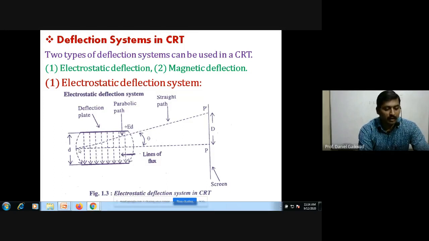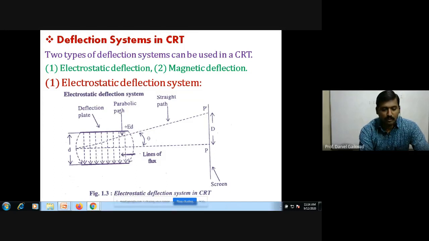Electrons are negatively charged particles, so the electron is attracted towards the positive plate and there is a change in its path. A parabolic path is followed by the electrons inside the two plates. So negatively charged electrons are attracted toward the positively charged plate. There is a deflection of the electron, and because of that they are called deflecting plates.